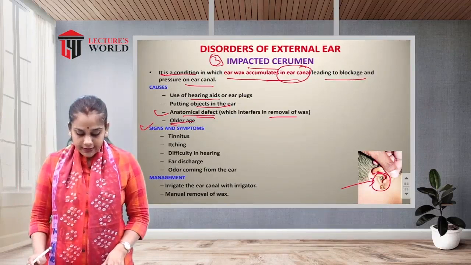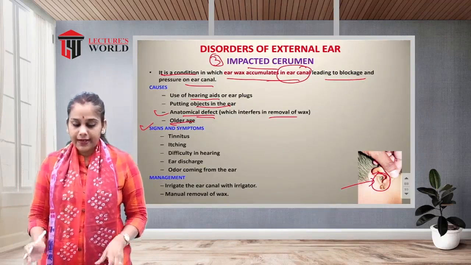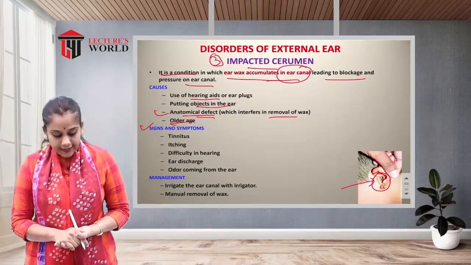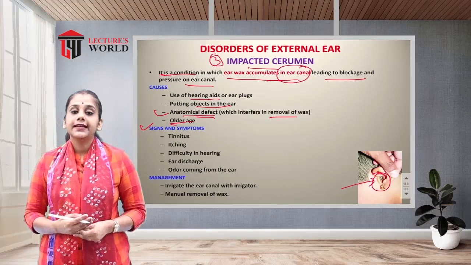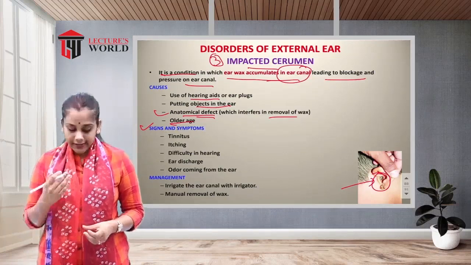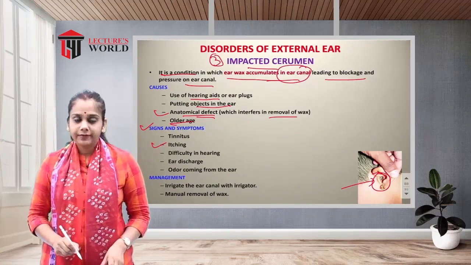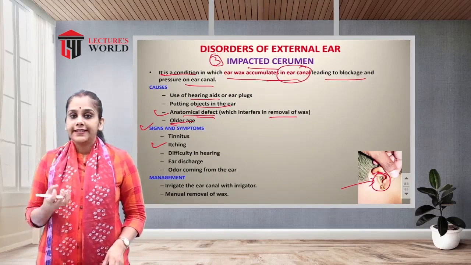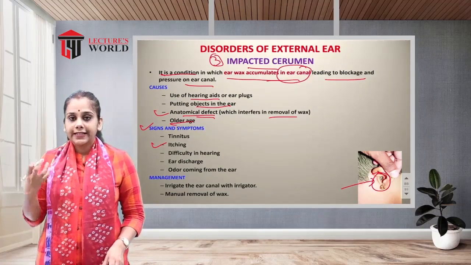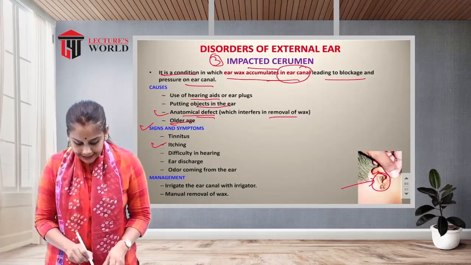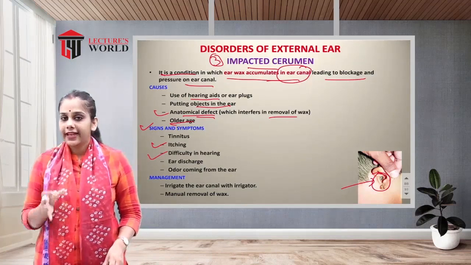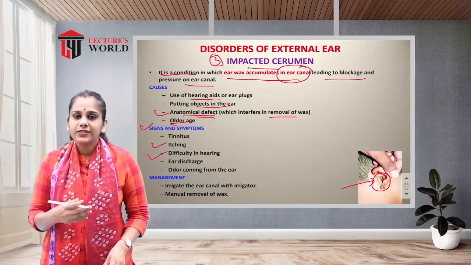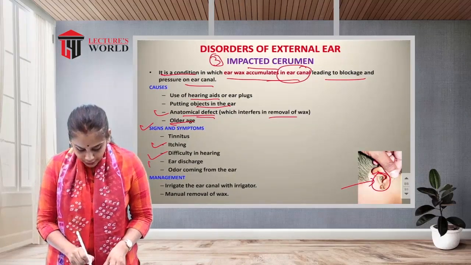Then older age, because in old age there can be accumulation of ear wax. Now we will see the signs and symptoms of impacted cerumen. Which are the clinical manifestations? Tinnitus. What is tinnitus? It is a ringing sound in the ear. Itching because of the sticky material stuck in the auditory canal. Difficulty in hearing because there is a blockage of wax, so sound goes in at a lower volume.